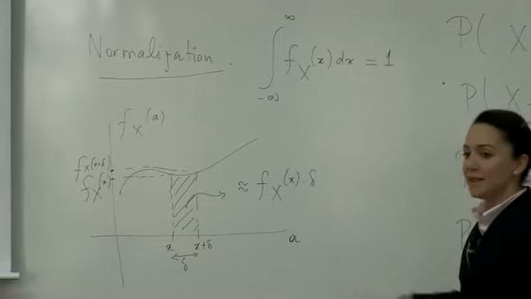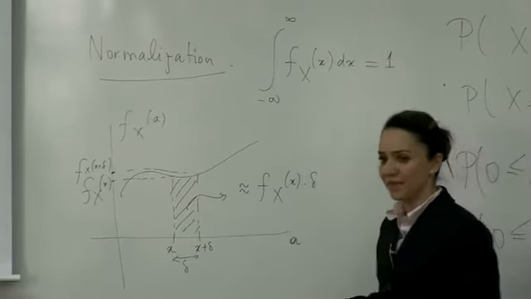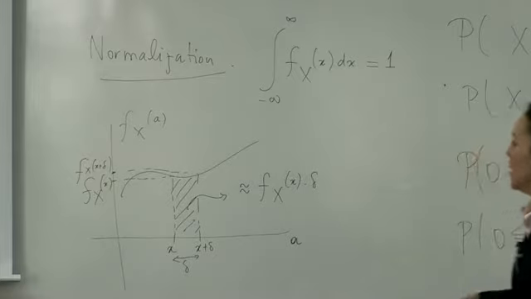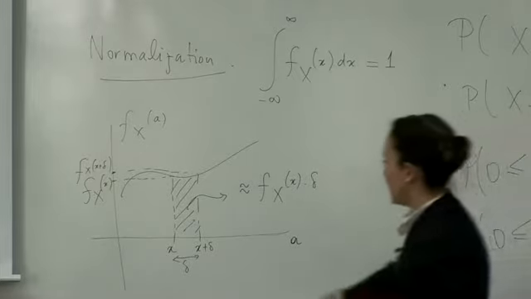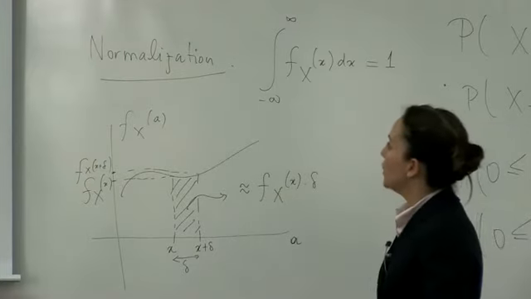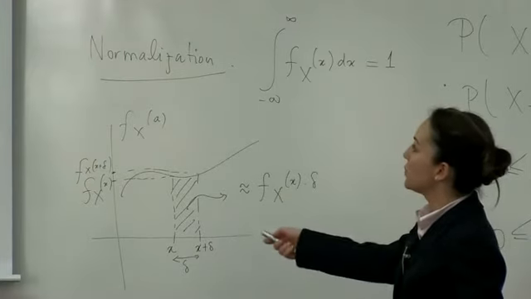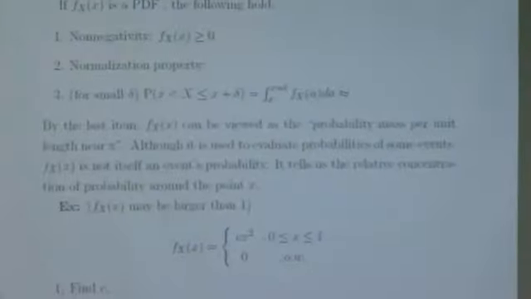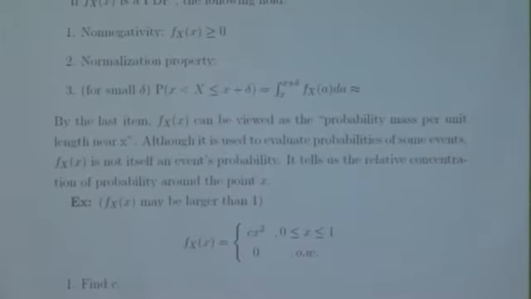So the density indicates the intensity of probability at that point. You can also view it as probability mass per unit length near x. That's a good intuitive definition to have.